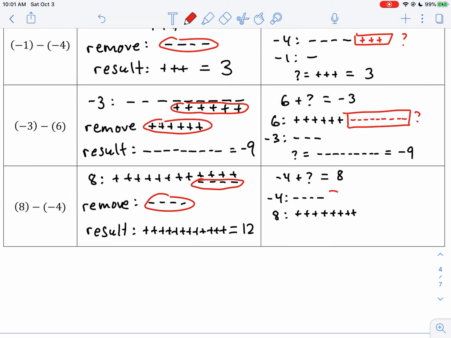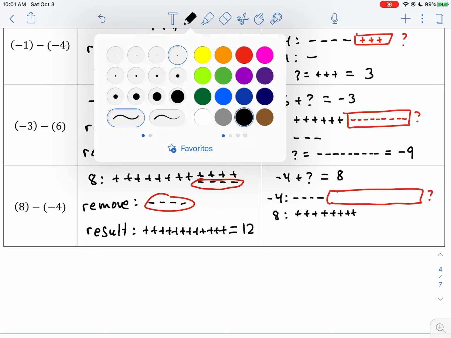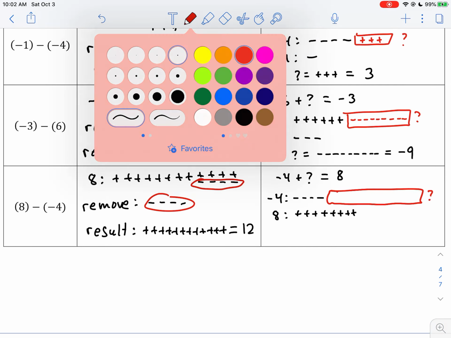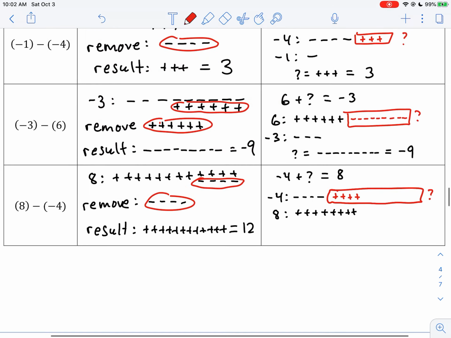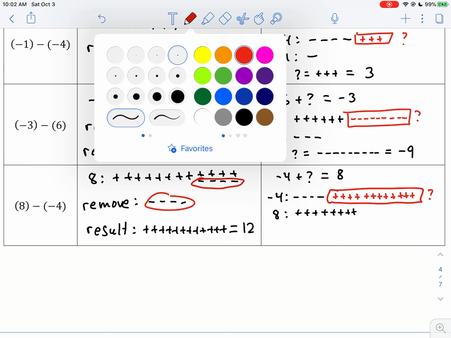And what needs to be put right here so that when I combine it with negative 4, I wind up getting that positive 8? And the answer to this is you need to get rid of the 4 negatives. So we need 4 positives to get rid of the 4 negatives, but then you need another 8 positives to get us up to 8 again. So the number of positives I just put in there is 12.